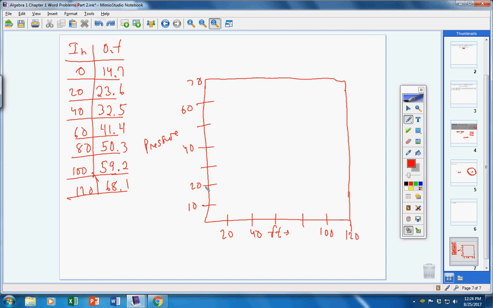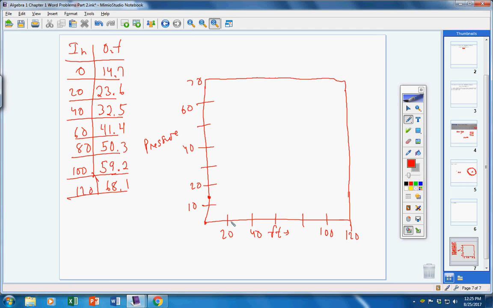Alright, here we go. So 0 is 14.7, so about right there. And that's incorrect, I apologize. Okay, when I'm at 0 feet, this is my pressure here. When I'm at 0 feet, I'm at 14.7.